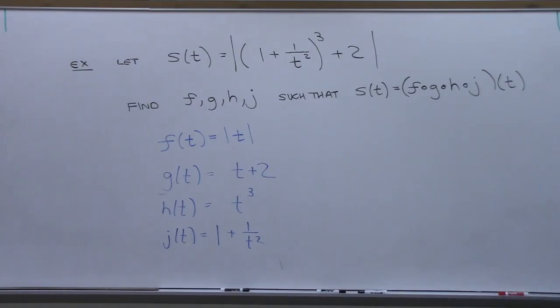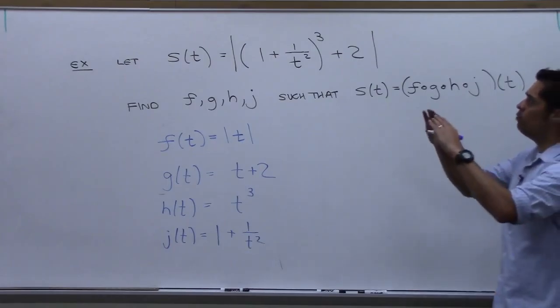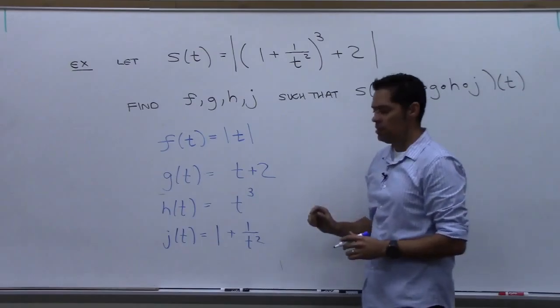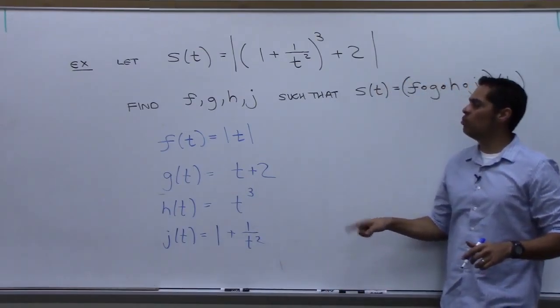So one possibility would be 1 plus t quantity cubed, and then your next one would be 1 over t squared.